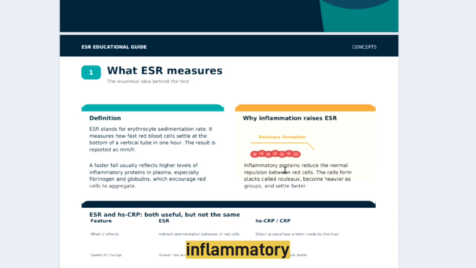During inflammatory processes, which are very common, the inflammatory proteins reduce the normal repulsion between red cells.